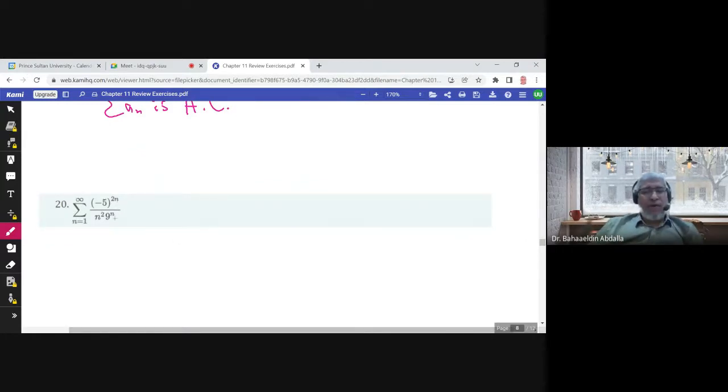I have n, but I have n square here. There is no power here. So I will use the ratio test. So what is the absolute value of an plus 1 over an? Let me simplify an first.